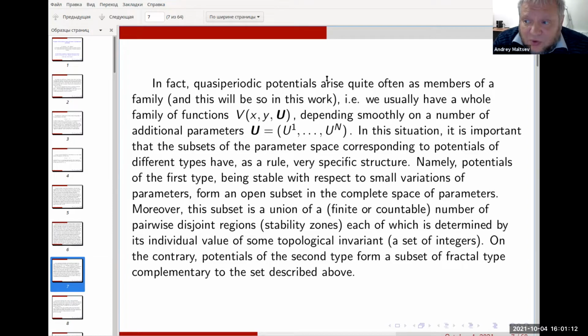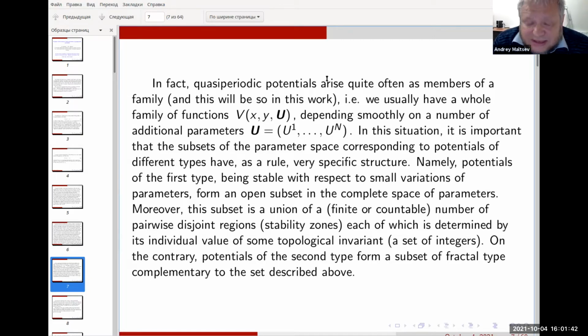As we will see below, this parameter space, which is usually a smooth manifold or space, can be divided into two rather complicated sets. One set parameterizes regular potentials, and another set, which is a complement to the first set, parameterizes chaotic potentials. And the structures of these sets are complementary to each other.